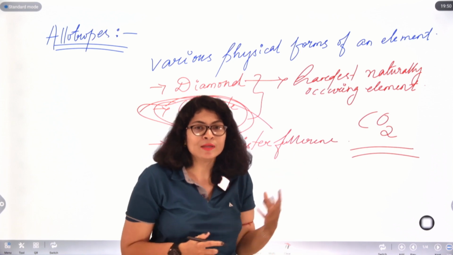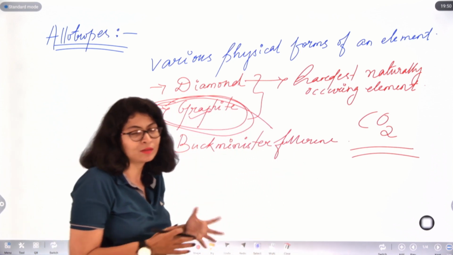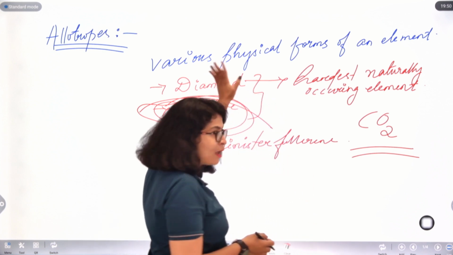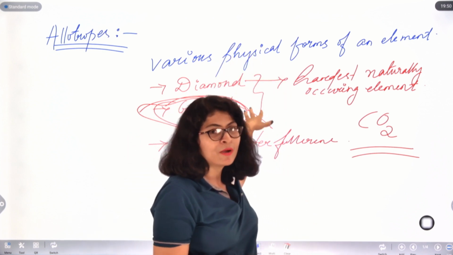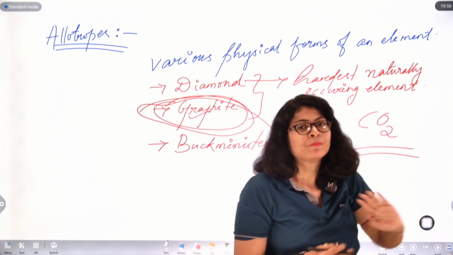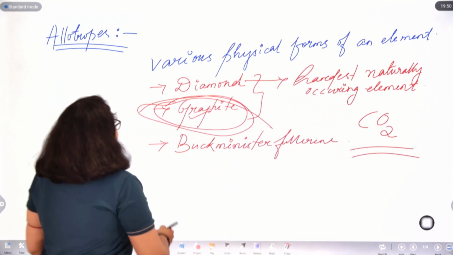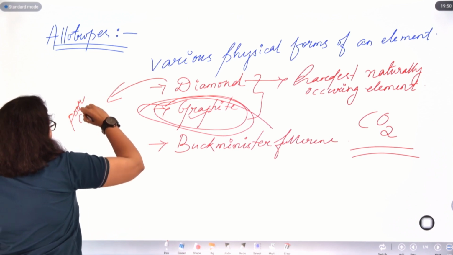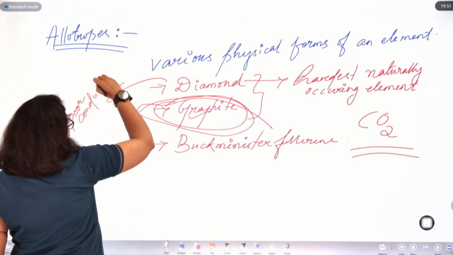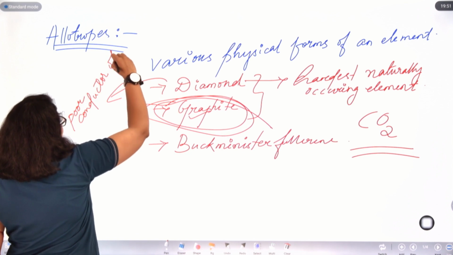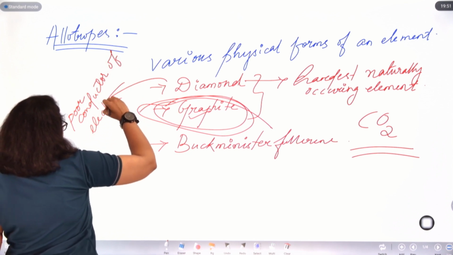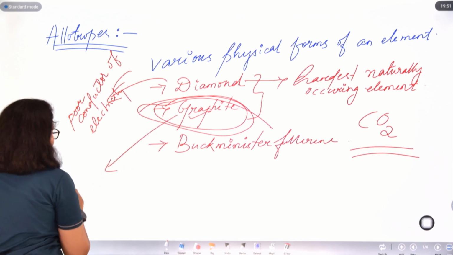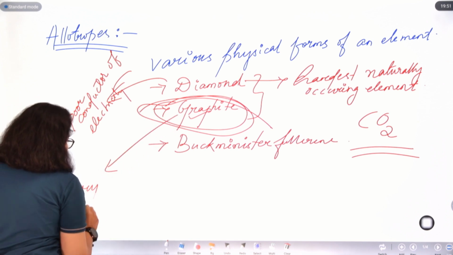Diamond is very shiny, graphite is a comparatively dark and dull form of carbon. Diamond is very hard, graphite is comparatively very soft. And the next thing is, diamond is a poor conductor of electricity, but graphite is a very good conductor.